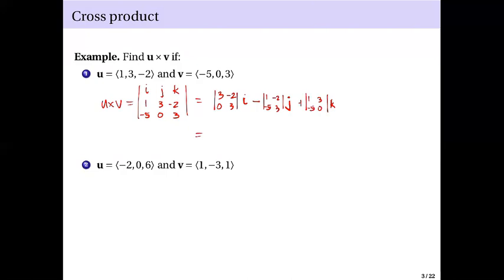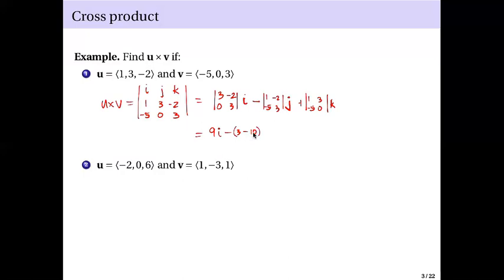So you have here what? 3 times 3, that's 9, and then this is 0. So you will have 9i. And then for this minus, you have 1 times 3, that's 3, minus negative 5 times negative 2, so that's plus 10.